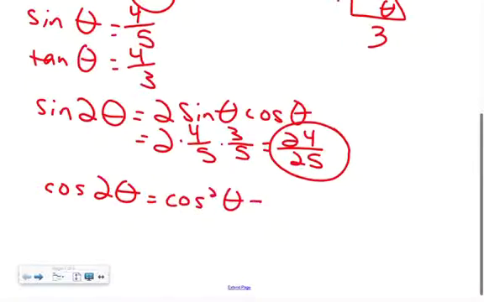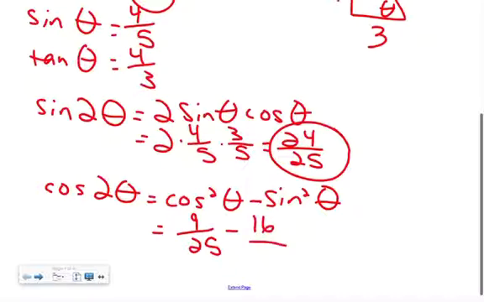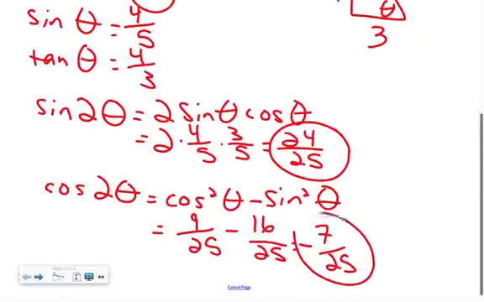So cosine squared of theta minus sine squared of theta. The cosine was 3/5, so that's 9/25, minus the sine was 4/5, and when I square that, I get 16. And so the cosine is negative 7 over 25.